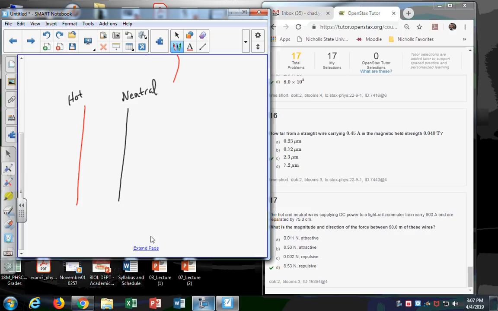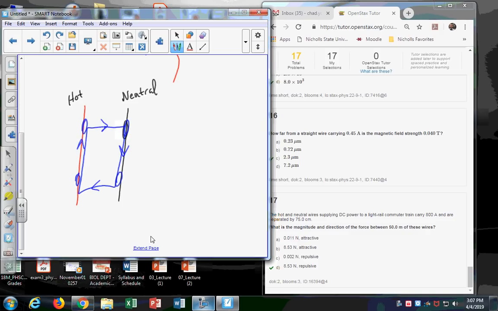What you got is you have a train car that's traveling on these two rails, and you get a current that flows from the hot wire, flows across the train car, and then it flows to the neutral wire.